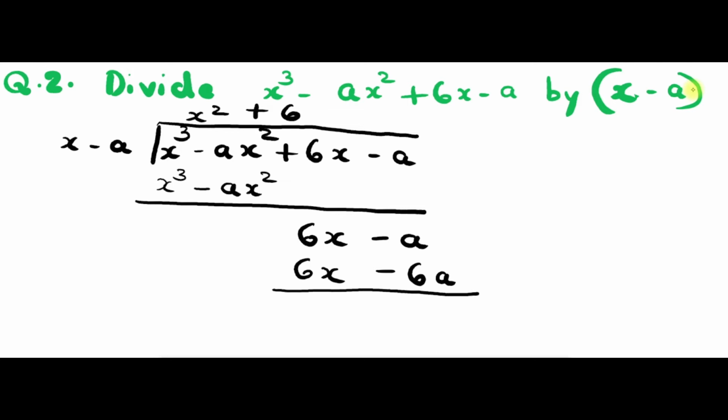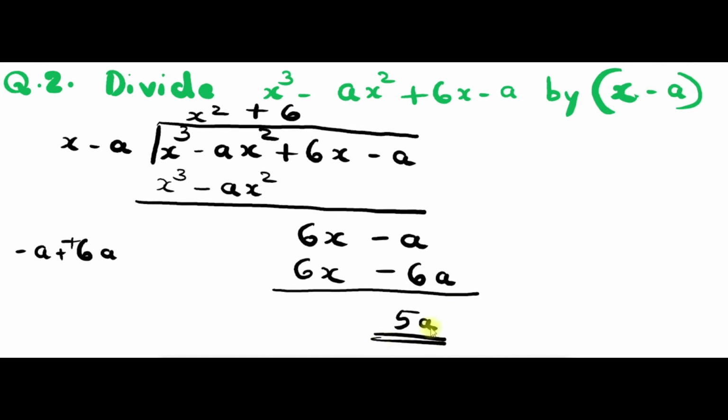So, 6x minus 6x is 0, minus a minus minus 6a, which is equal to plus 5a. So, I got my quotient as x square plus 6, and my remainder as 5a.